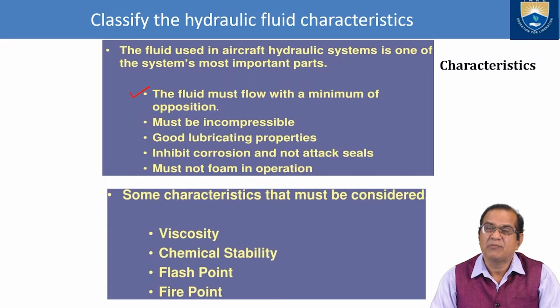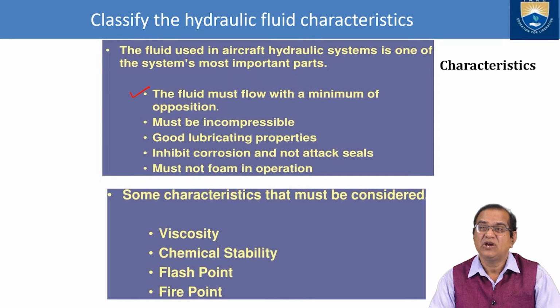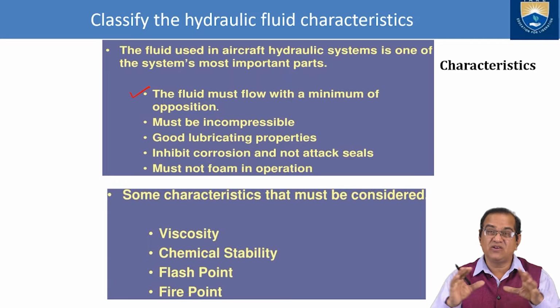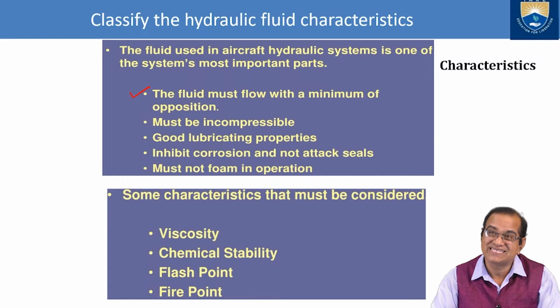Good lubricating property. It should also lubricate the system. Inhibit corrosion and non-attack seals. It should be corrosion resistant, and if corrosion is formed, it should inhibit it, and not attack seals. It should not affect the seals.